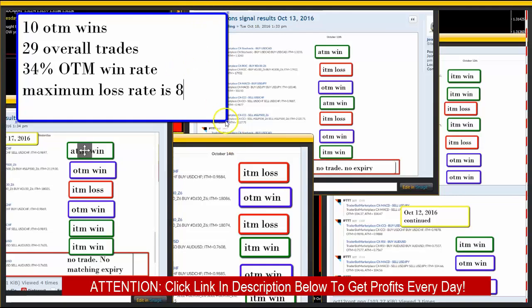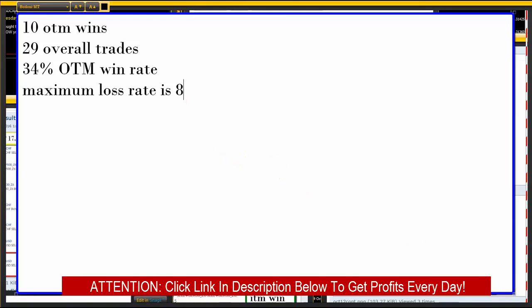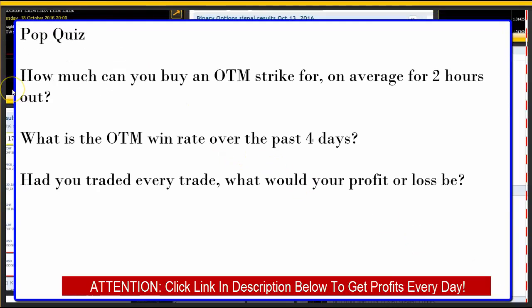Okay, time for a quiz again, just so you're on the same page. How much can you buy an OTM strike for on average for 2 hours out? 10 to 20 bucks, about 15 is what we're looking for. What is the OTM win rate over the past 4 days?